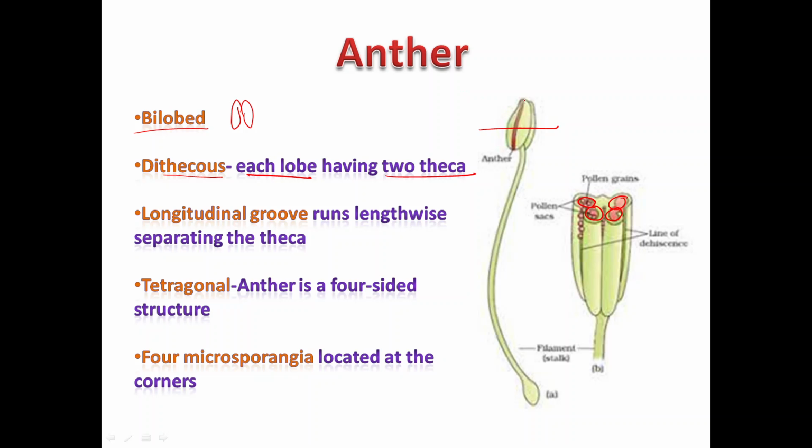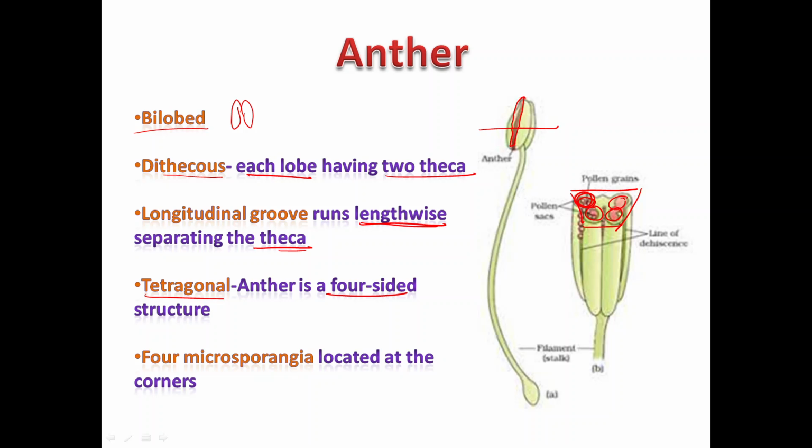And then there is a longitudinal groove running lengthwise. It separates the theca. If you look at it, it has a tetragonal structure because it has 4 sides. 1, 2, 3, 4 sides. It's a 4-sided structure. And there are 4 microsporangia located at the corners.